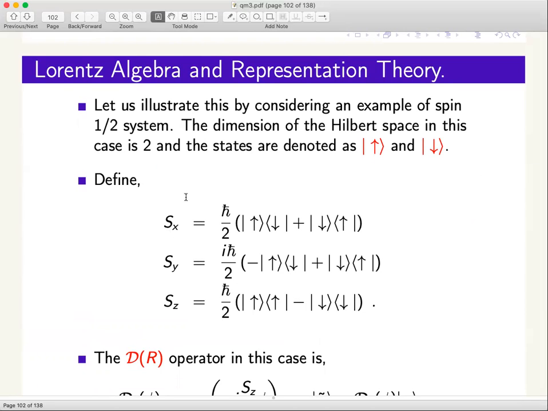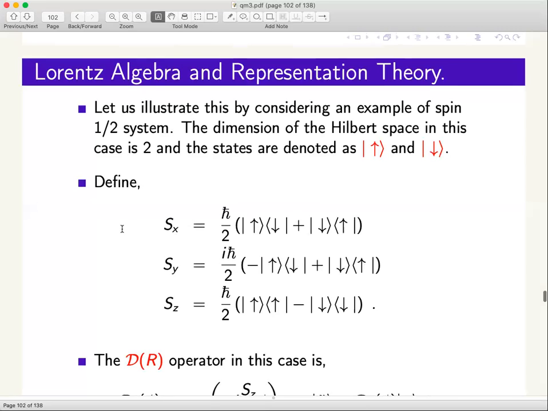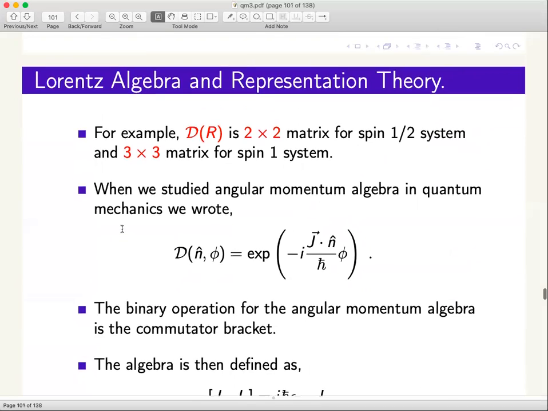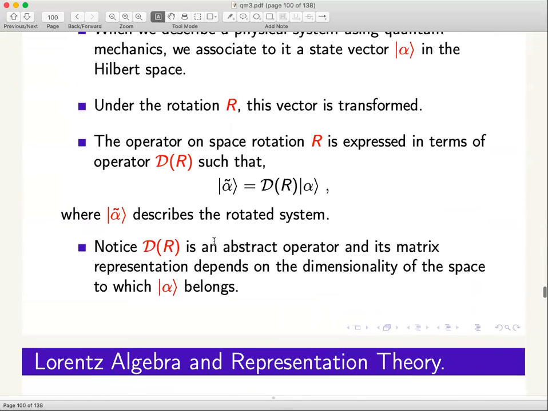And suppose you look at the operator Sx. Now you want to ask the following question: I want to find out what its expectation value is. So you sandwich it between two states, say alpha Sx alpha. But I know that I can do a rotation which takes me from the state alpha to a state alpha tilde by a D matrix.